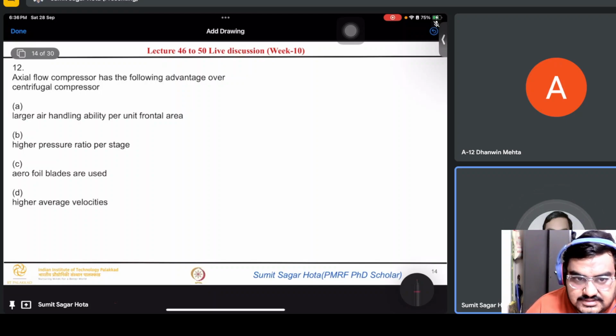The axial flow compressor has the following advantage over the centrifugal compressor. I already told you, an axial flow compressor can handle a higher amount of air at higher velocity, so obviously that's the advantage.